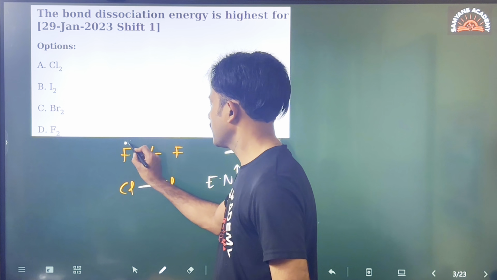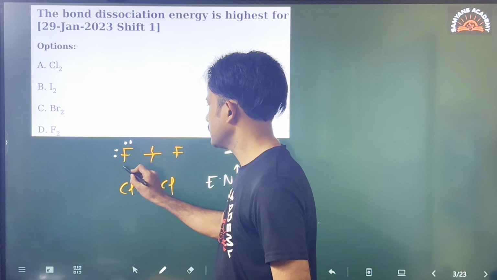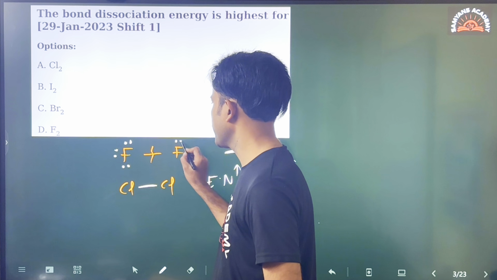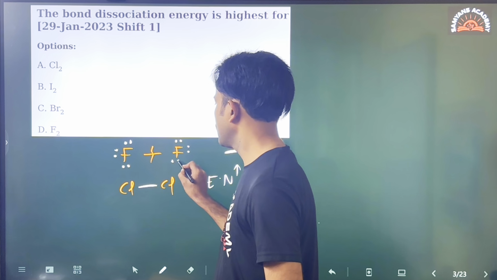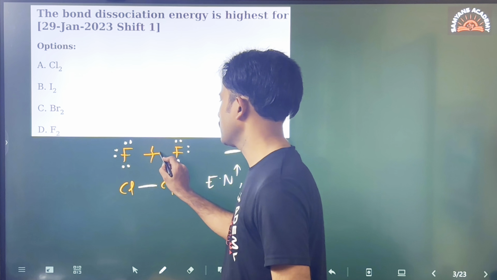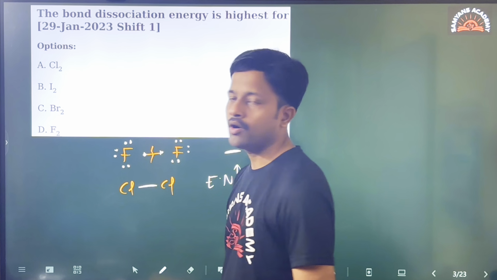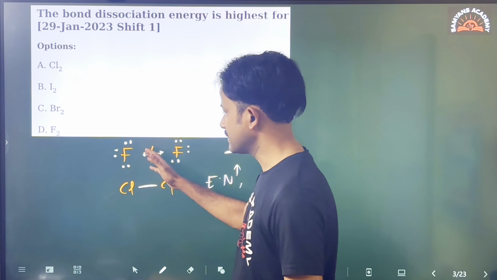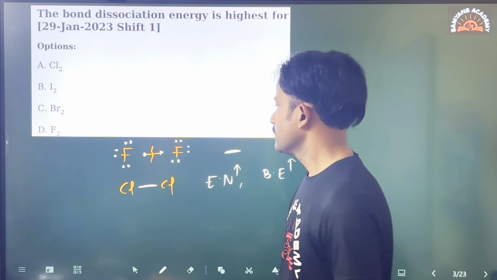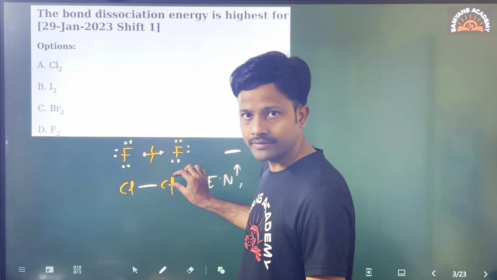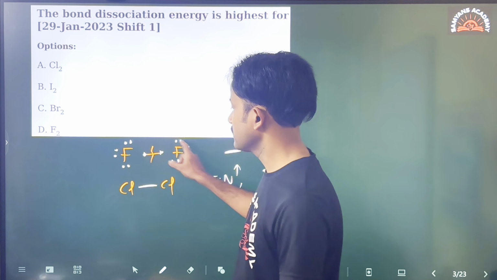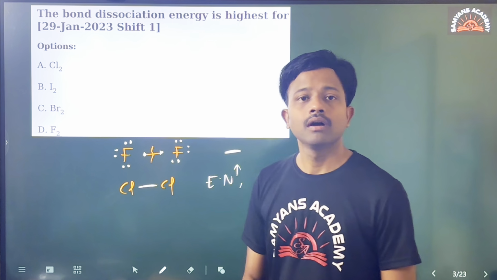Because of interelectronic repulsions, as fluorine has 3 lone electron pairs and is smaller in size, its bond dissociation energy somewhat decreases compared to chlorine.